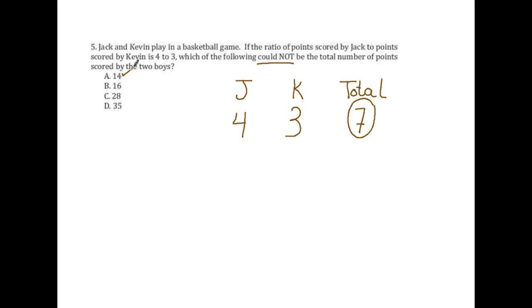Is 16 a multiple of 7? No. So 16 could be my answer. Is 28 a multiple of 7? Yes. Is 35 a multiple of 7? Yes. So A, C, and D could be the total of the points, but 16 will not be because it's not a multiple of 7. And the question asks for could not. So the right answer is B.